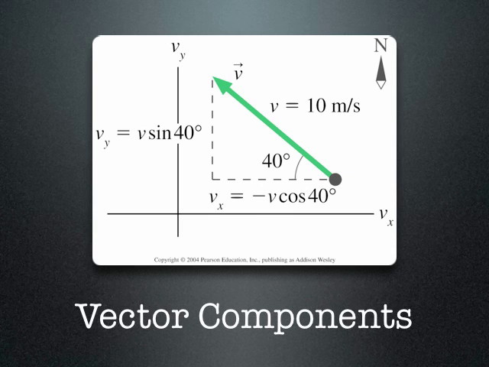The amount of velocity in the negative x direction is v cosine of the angle. The amount of velocity in the positive y direction is v sine of the angle of 40 degrees.